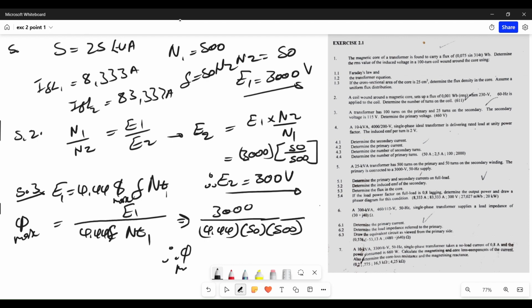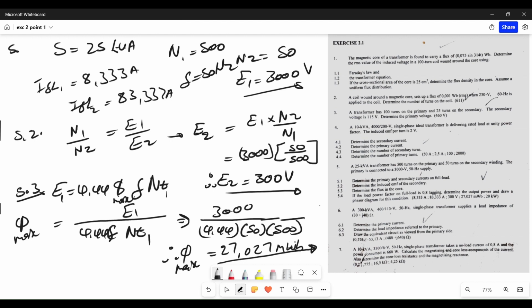Therefore, the flux max is equal to, let me calculate, 3000 divided by 4.44 times 50 times 500. This gives us 0.027, which becomes 27.027 milliweber. This is the flux inside the core.